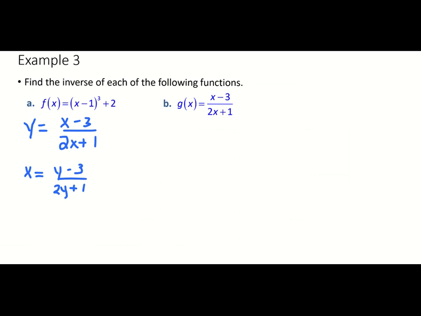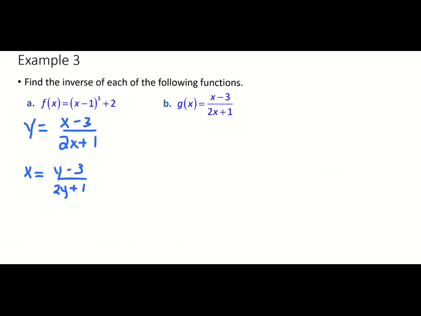And now what we have to do is solve for y. This one's a little involved because we have y on the top and the bottom of our fraction. So really, I know you guys don't like fractions. The first thing you want to do is get rid of that fraction.